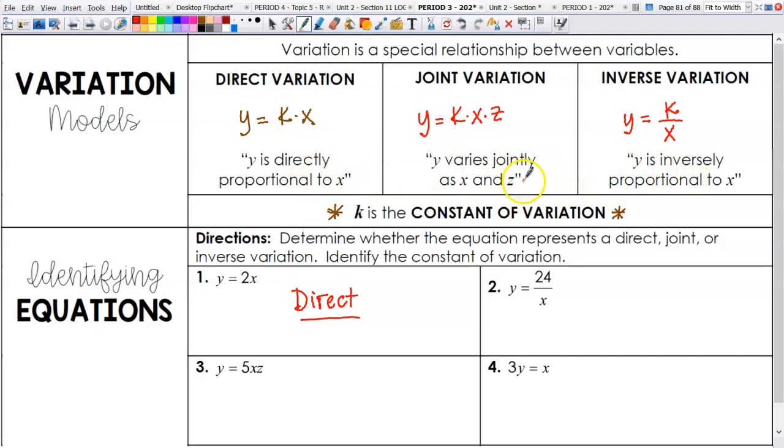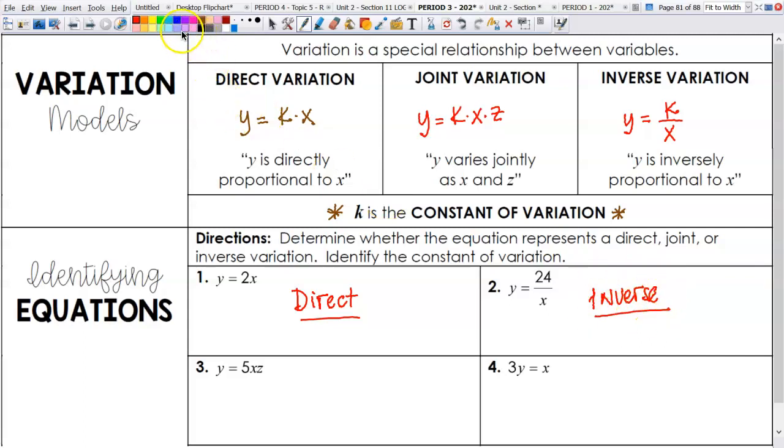Pay attention, right? So when it's directly, it is a multiplication. You multiply the constant of variation times x. When it's jointly, you have two variables, x and z. And when it's inversely, it is division, right? The x is in the bottom. So this, of course, is inverse.